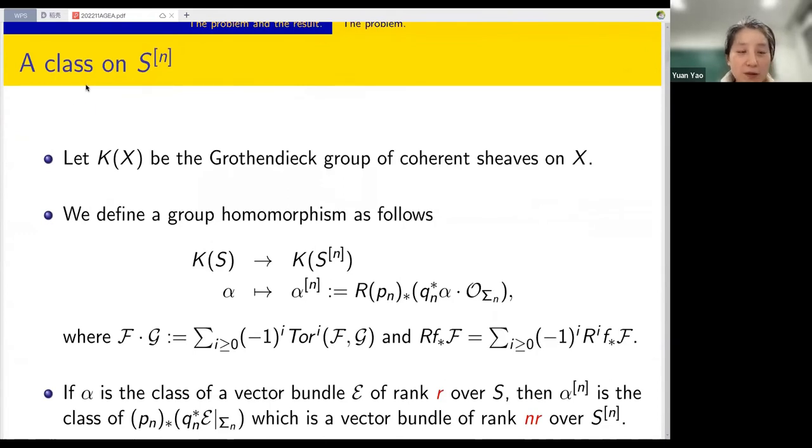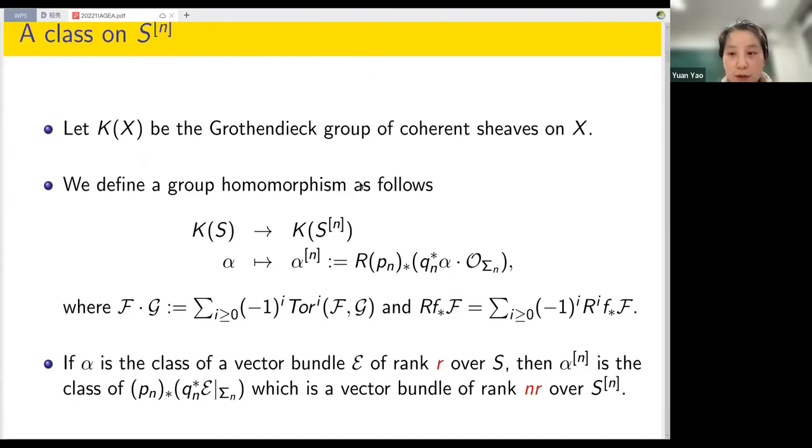We have a special class on this Hilbert scheme of points. Let K(X) be the Grothendieck group of coherent sheaves on X. Now we have a group homomorphism from K(S) to K(S^[n]). For every alpha, we denote by alpha^[n] this class.